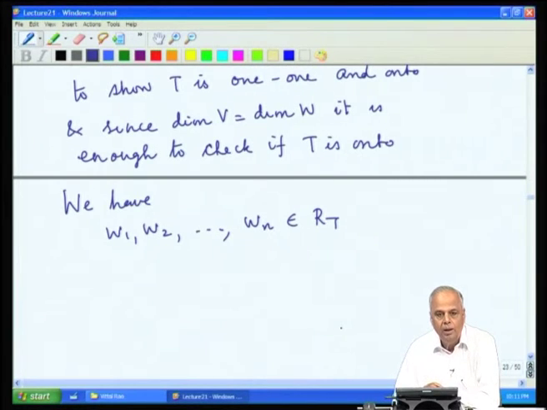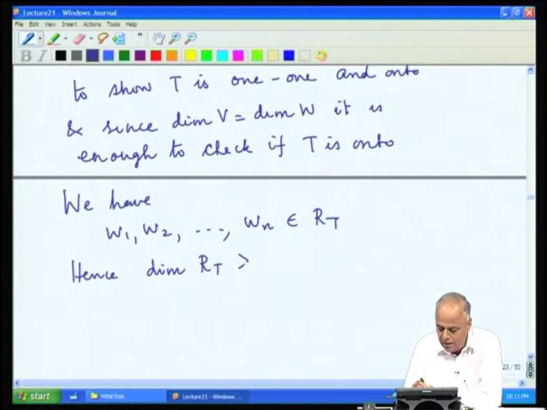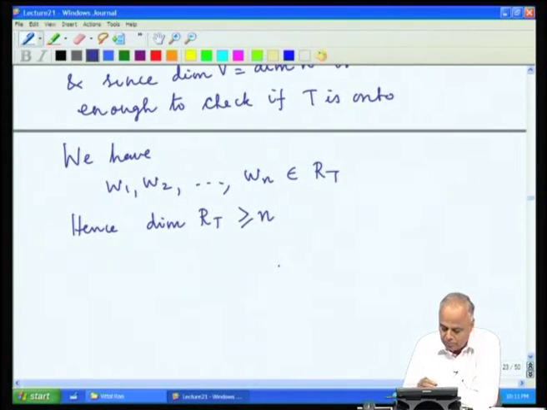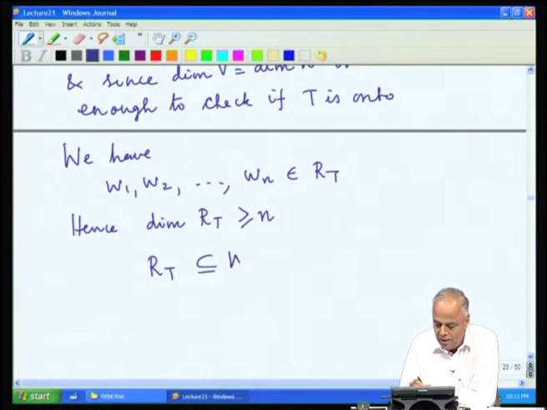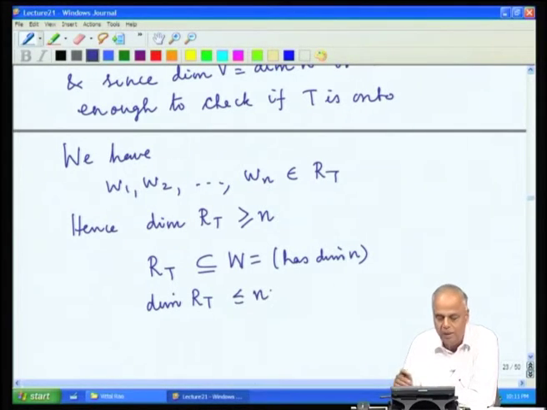but these are all linearly independent vectors, and hence the dimension of range of T is at least n, because we have n linearly independent vectors in the range of T. But then range of T is contained in W, which is of dimension n, and therefore, dimension of range of T must be less than or equal to n.